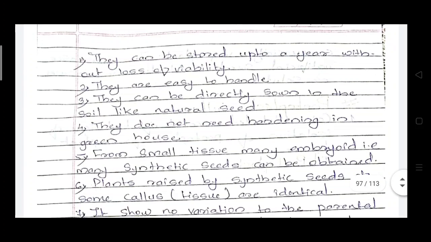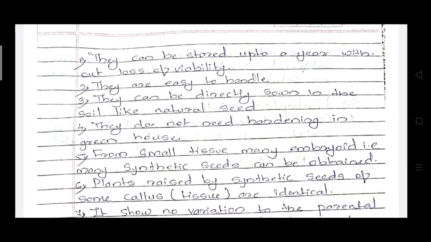The first one is they can be stored up to a year without loss of viability. Naturally, if we store seeds for many years, not all seeds will germinate, so they will not be viable.